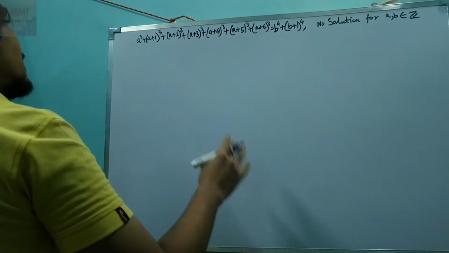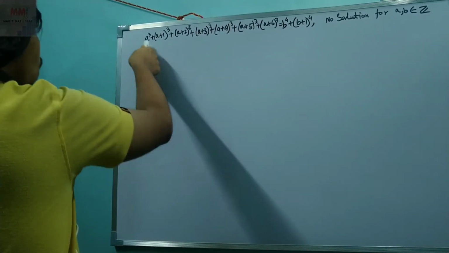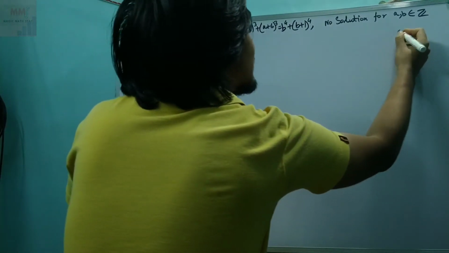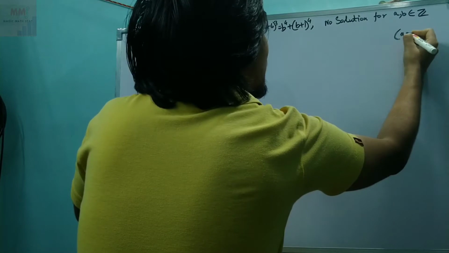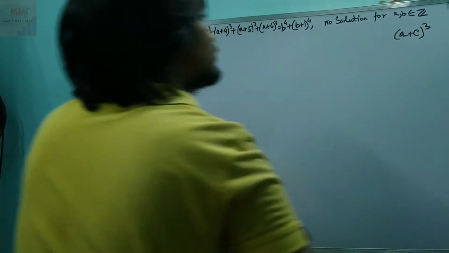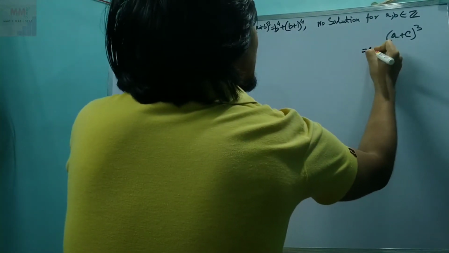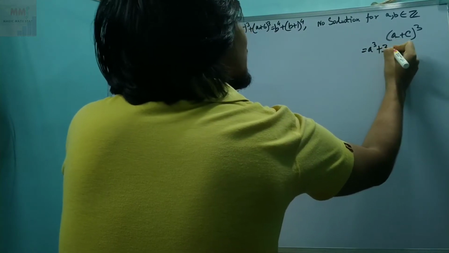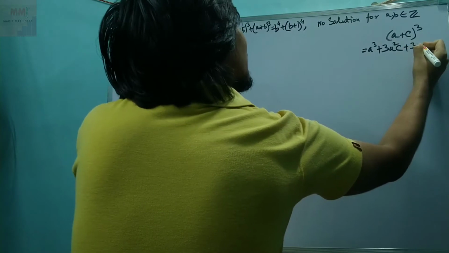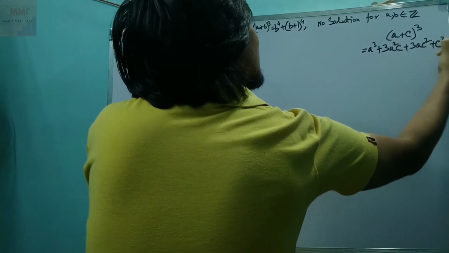Okay, so we start with expanding these cubes. You will see that all of this can be written as a general form, which is (a plus c) cubed, and the formula we know is a cubed plus 3a squared c plus 3ac squared plus c cubed.